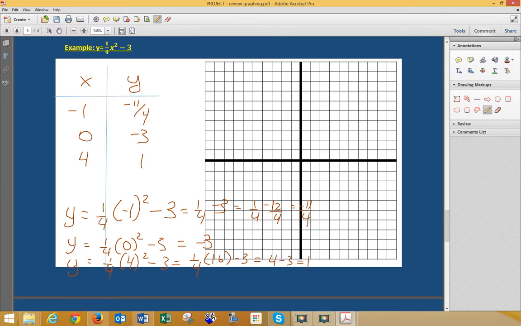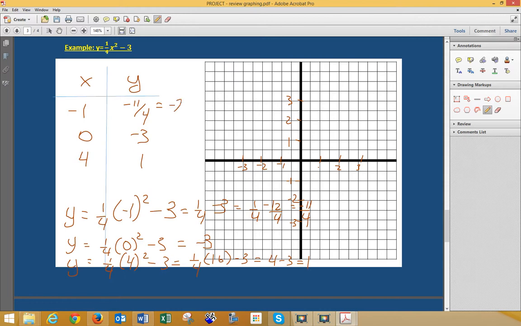Okay, so now I'm going to plot these. So I'm going to have -1, -2, -3, 1, 2, 3, and -3. A little messy, that's okay. So I'm going to plot -1 and -11/4. I'm going to convert that to a mixed fraction just because it's going to be easier.